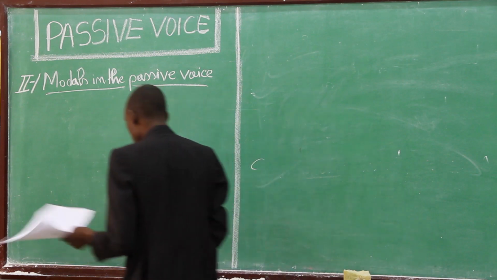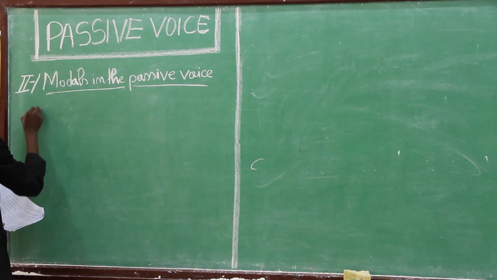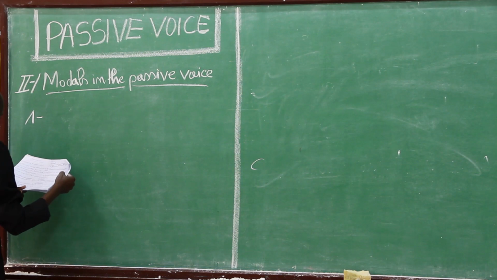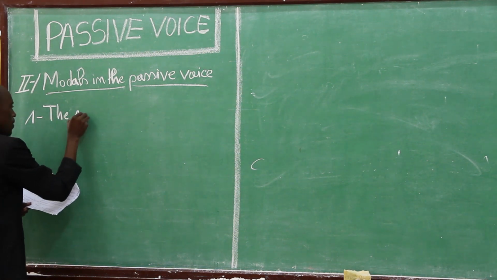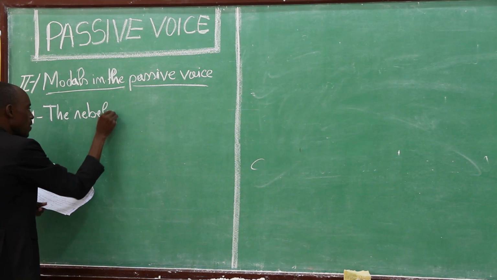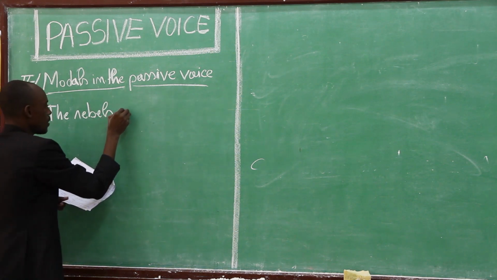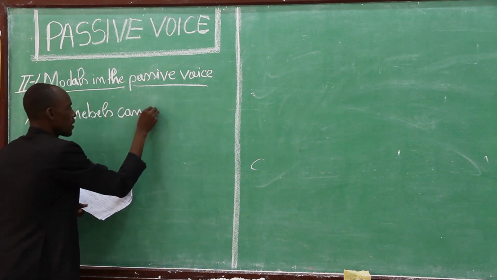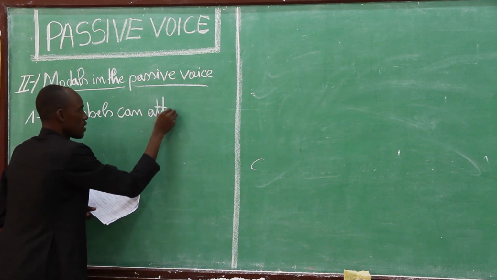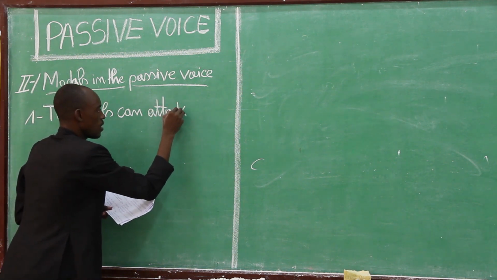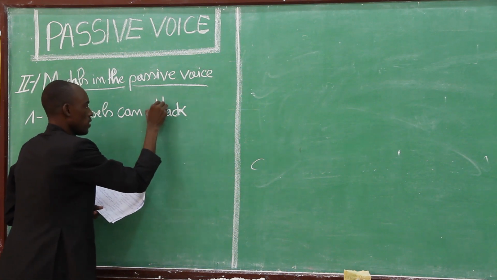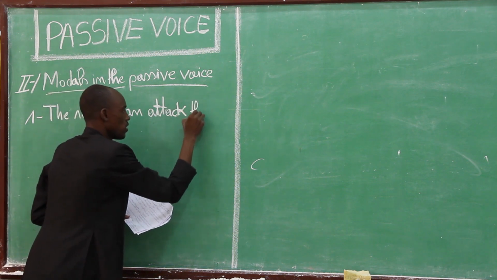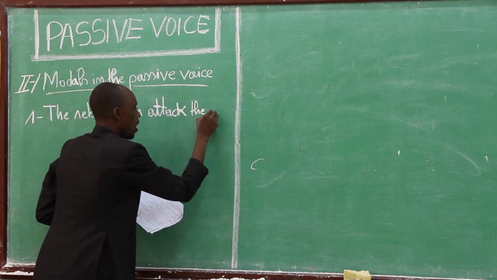Okay, let's take some examples here. Here we have one. Yes, we have the rebels, can attack the army.